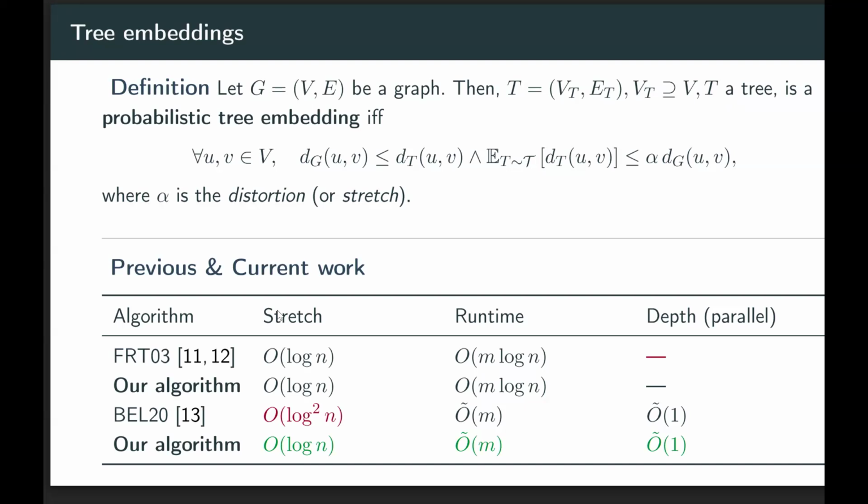And we can retrieve both results. In the parallel setting, we get the same runtime and depth whilst being optimal in stretch, and in the non-parallel setting, we also recover the same runtime. Question: the big O tilde for the runtime, what factors does it hide?